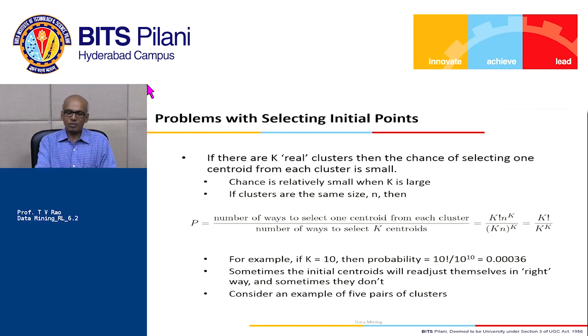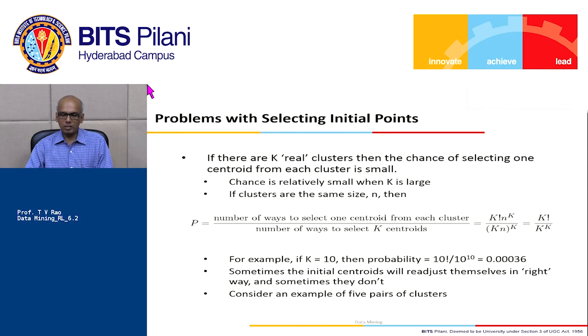As we can see here, when we do the probability calculation, for example, we are doing the clustering for 10 points, and 10 is the number of clusters we want to create. Then the probability of getting it right is very, very small.